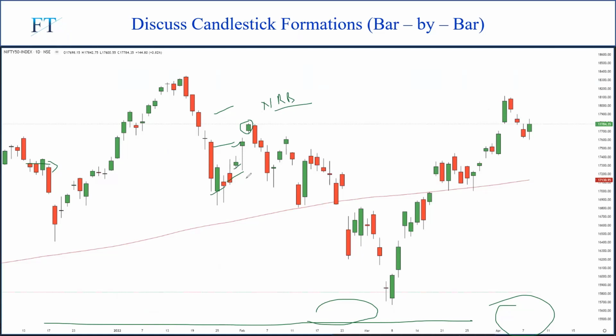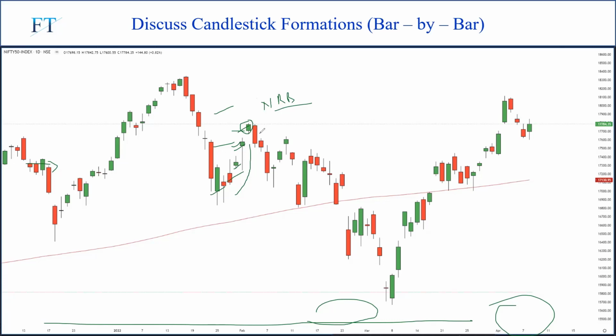We have a slowing momentum message here, we have a slowing momentum message here, and finally it told us that now probably the time has come when the market might reverse, because after this slowing momentum we have a gap up opening, and the gap up was a narrow range body, which means that the buyers wanted to take this market back to its highs, but they eventually failed.